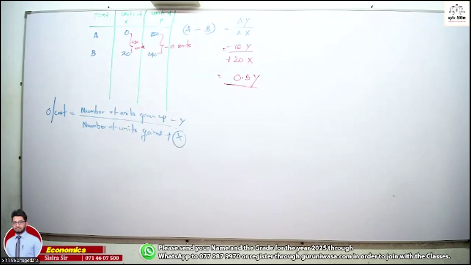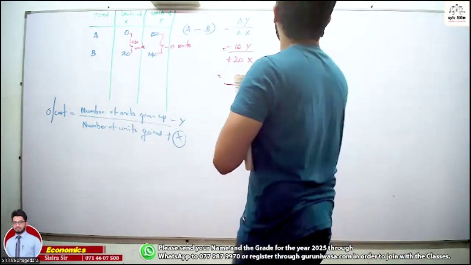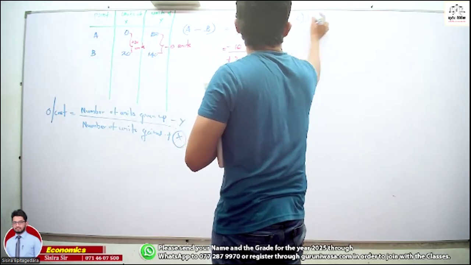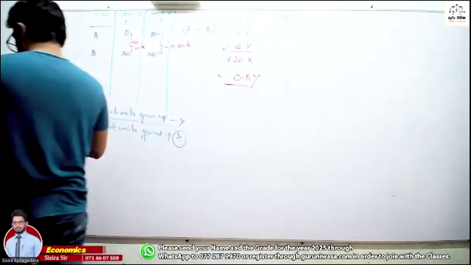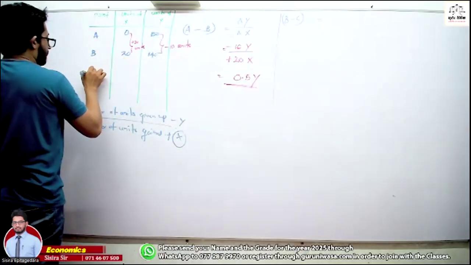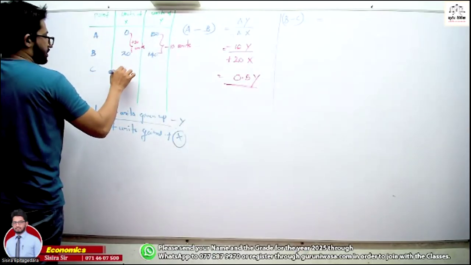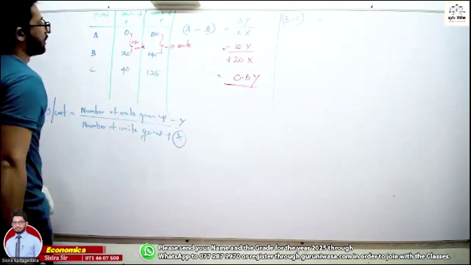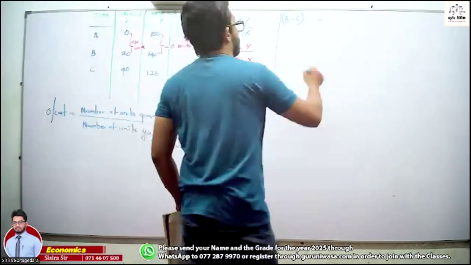Opportunity cost from B to C equals, when moving from B to C, Lamai. At point C, X production 40, Y production 125. Okay, how to calculate opportunity cost?